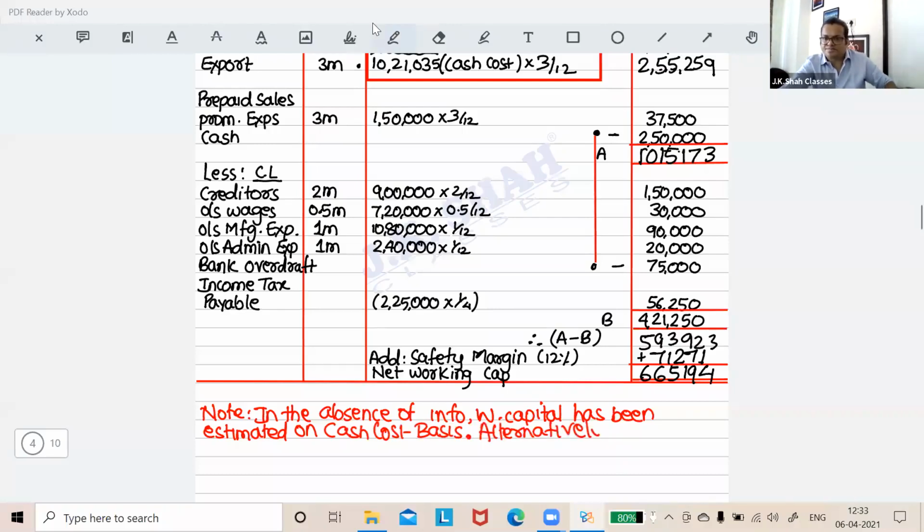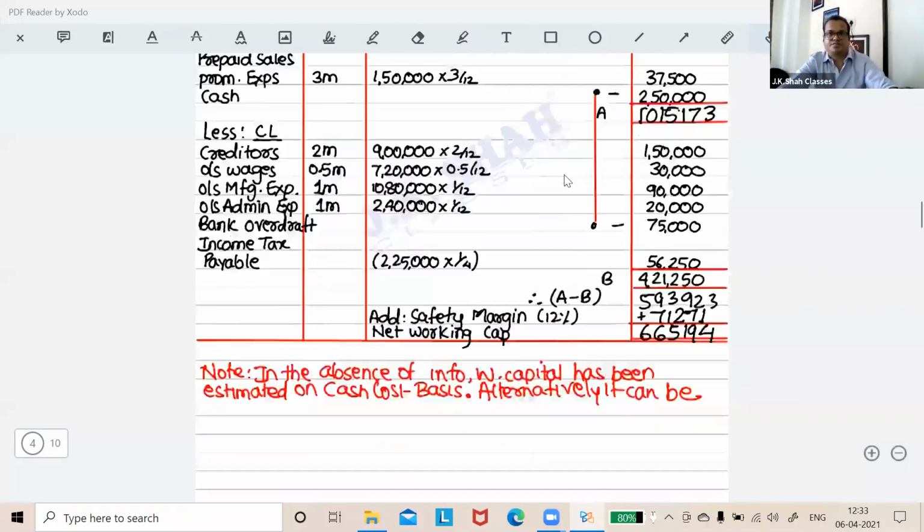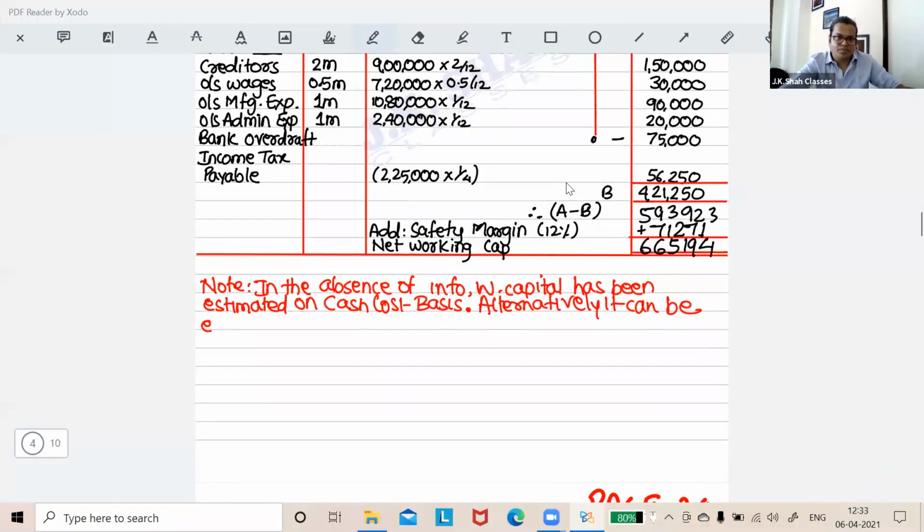Alternatively, it can be estimated on total cost basis.